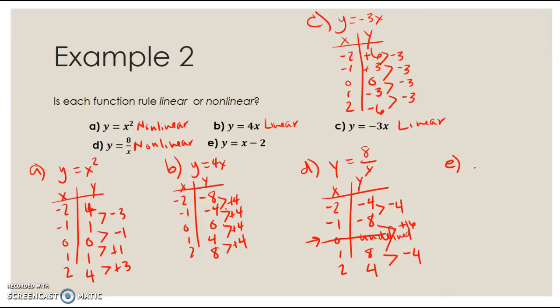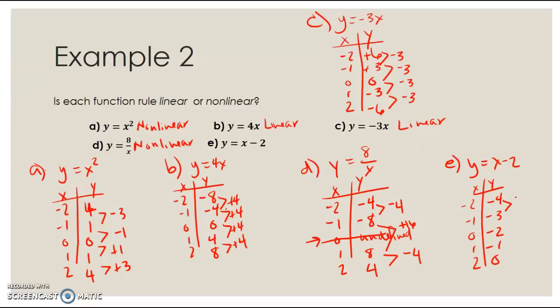So now I'm going to go to E, y equals x minus 2. We're going to make our table, x and y, negative 2, negative 1, 0, 1, and 2. And so negative 2 minus 2 is a negative 4, negative 1 minus 2 is a negative 3, 0 minus 2 is a negative 2, 1 minus 2 is a negative 1, and 2 minus 2 is 0.